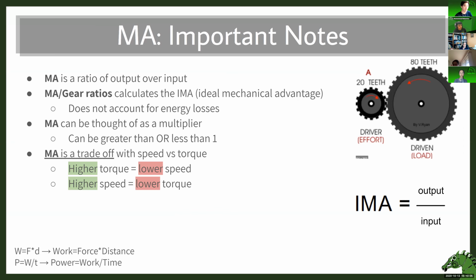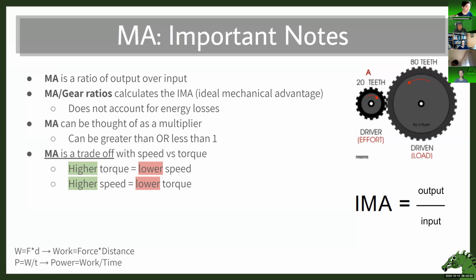But you use this to really estimate, and then you use something called a safety factor. So you basically add extra so that it's able to do the task. So it's a multiplier. You multiply by this ratio to get your output, and it can be greater or less than 1.